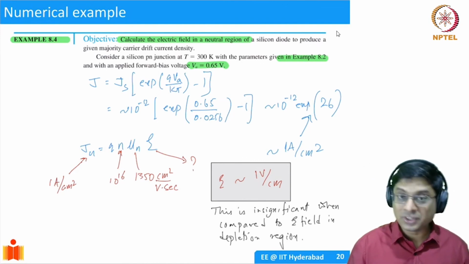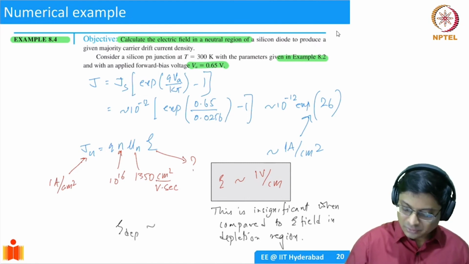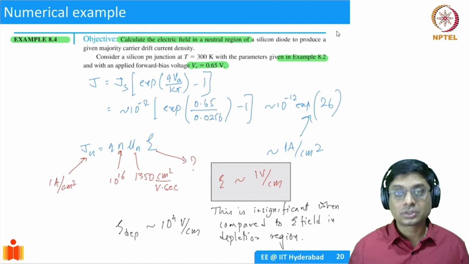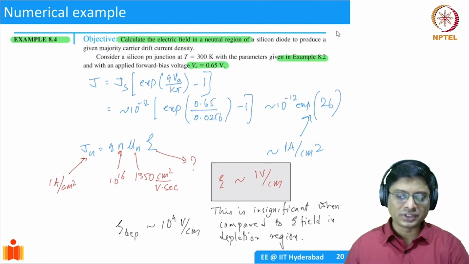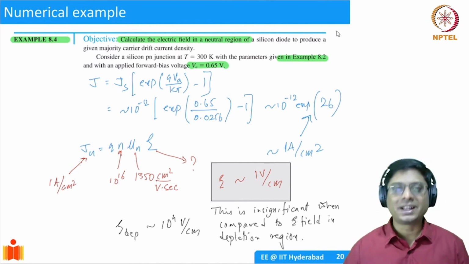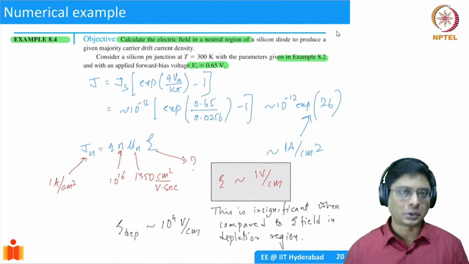How much was it in the depletion region? Remember, E depletion was 10 power 4 volts per centimeter. It's reasonably high, 4 orders of magnitude higher when compared to the electric field in the quasi-neutral region. And that is why we can make that assumption. That assumption is still correct. It's not wrong. Whatever band diagrams we have drawn are not wrong.